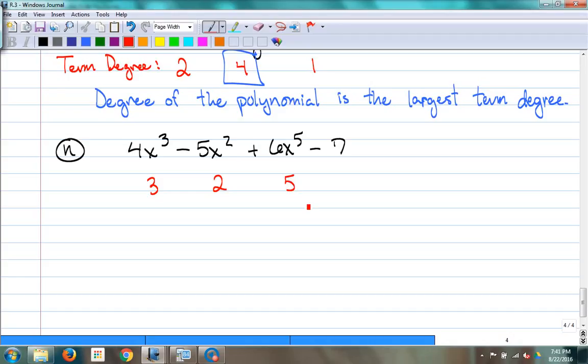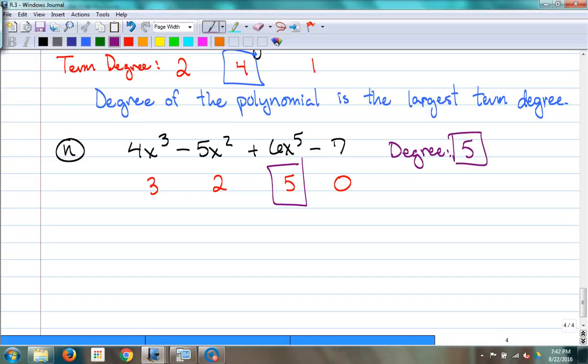What's the degree of the last term? Is there a variable there? No. So if it's not there in math, nothing in math would be 0. The degree of that term is 0. Then pick the biggest. What's the biggest? 5. Degree is 5. That's what we want.